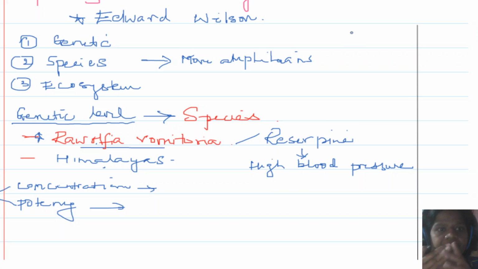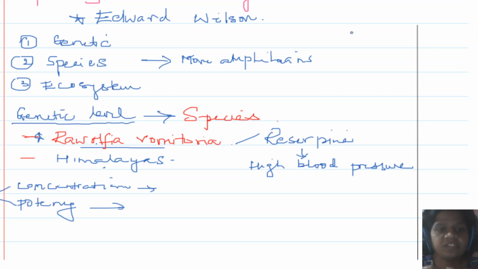So we have very different ecosystems present in India, unlike a Scandinavian country like Norway and Sweden, which is very cold. The kind of vegetation, the flora and fauna that you see, is not as diverse as in India.